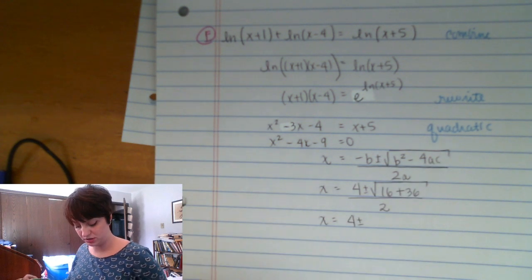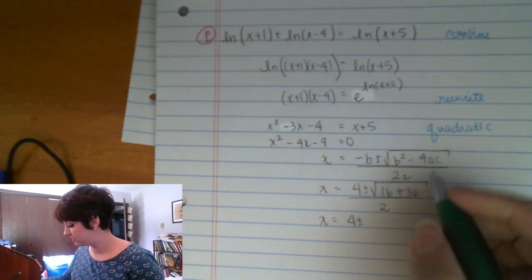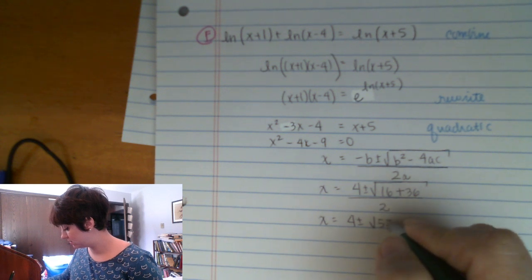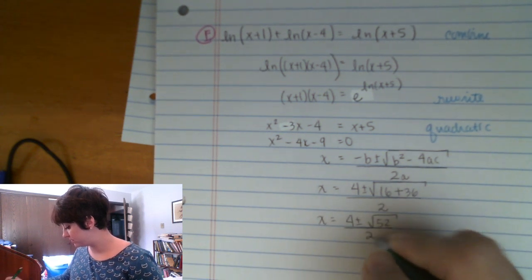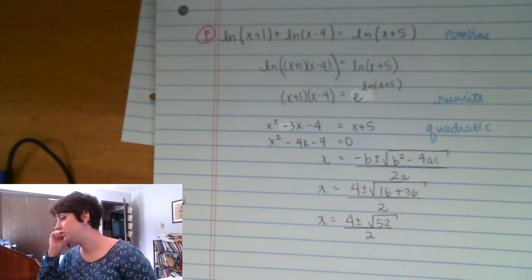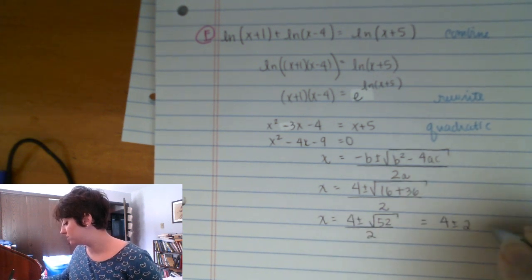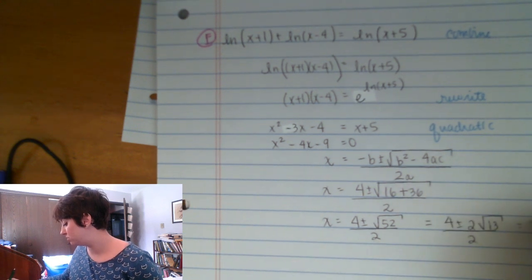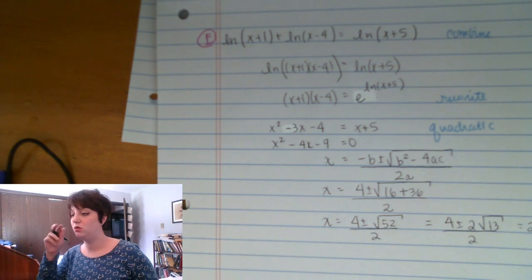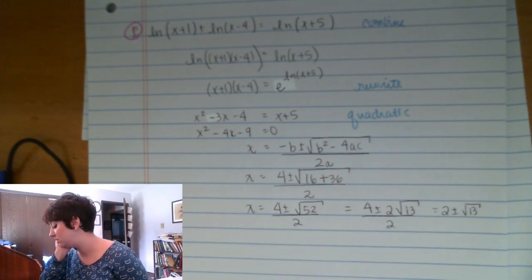So 16 plus 36 is 52. 52 has a factor of 4 to pull out, which gives me 2 root 13 over 2, or 2 plus or minus square root of 13. Okay, so I get 2 plus or minus root 13.